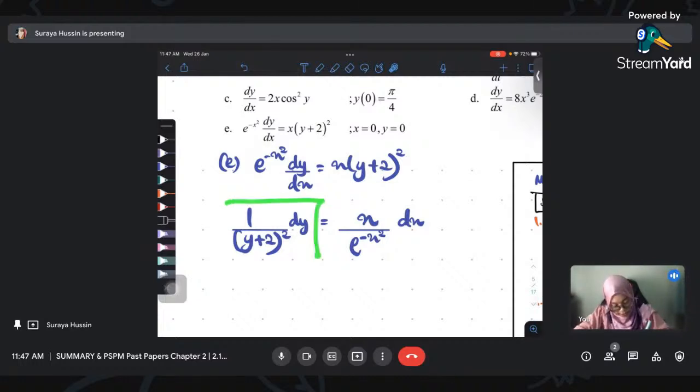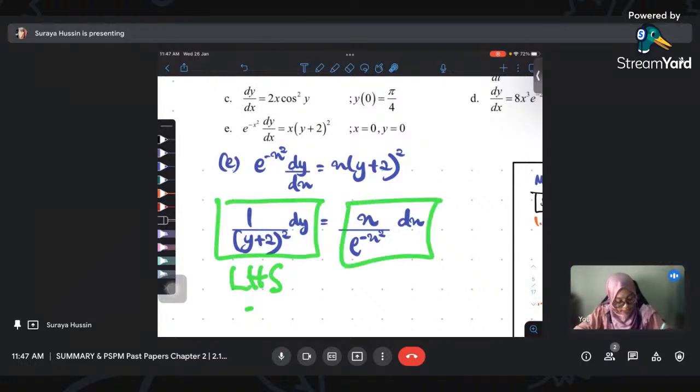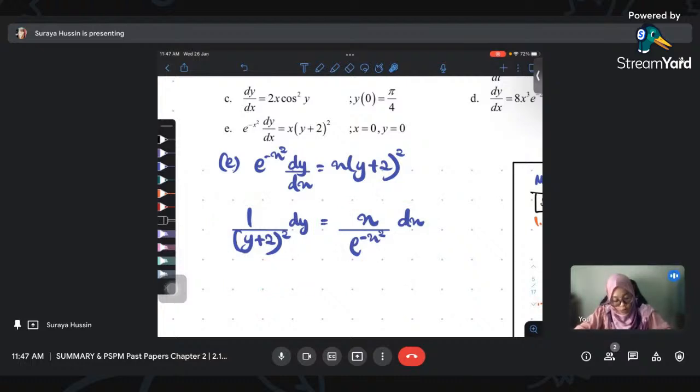Make sure the left hand side is everything is in terms of y, while on the right hand side is everything is in terms of x. Very simple. Hanya unsur darab sahaja yang membolehkan kita cross multiply. Okay, hanya unsur darab ataupun bahagi sahaja yang boleh buat separable, yang hanya boleh buat 2.1 punya method.